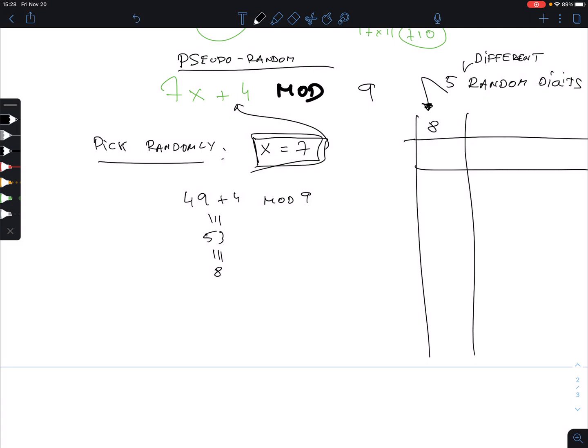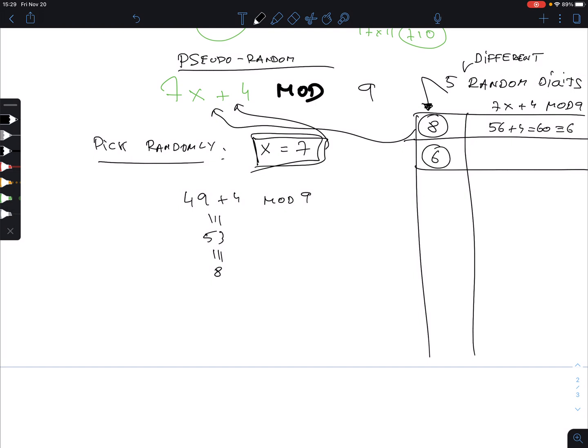Going on, this was my first number. What do I do for my second number? Well, now I take that 8 and plug it in here. So here's the formula, 7x plus 4 mod 9. That's what I'm going to calculate now. I plugged in 7 first. Now I do 8. 8 times 7 is 56, plus 4, that is 60, so that will be 6.